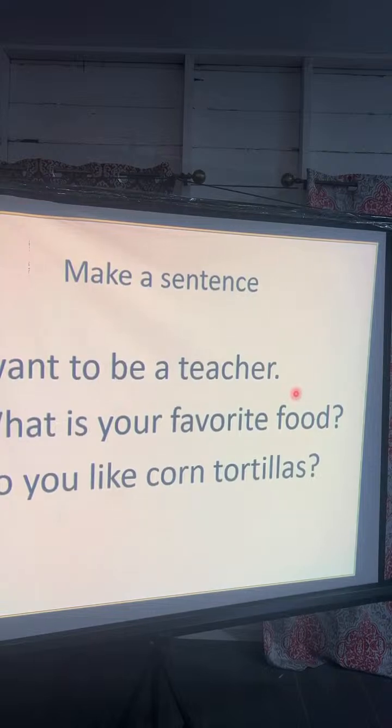The other guy says, what is your favorite food? So these are questions you can ask each other. You're going to write to a pen pal. You want to know what is his favorite food. What do you like? Do you like corn tortillas? These are just short little questions. These are the sentences my students wanted to send their pen pals. So sharing something about themselves and then asking a question.